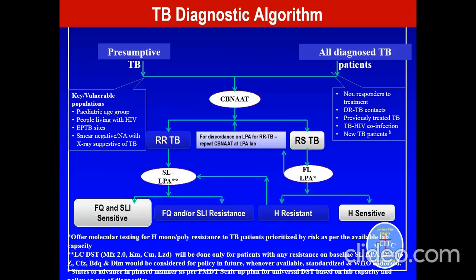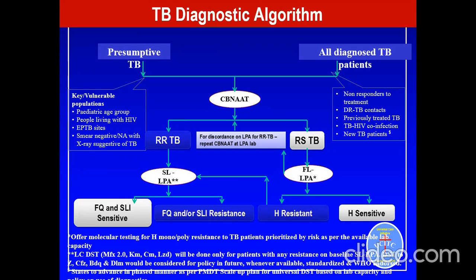And so this is a very busy slide, but this is how the diagnostic algorithm goes. So this is the latest algorithm. A person suspected or presumptive, we no longer use the terminologies of suspect and default.